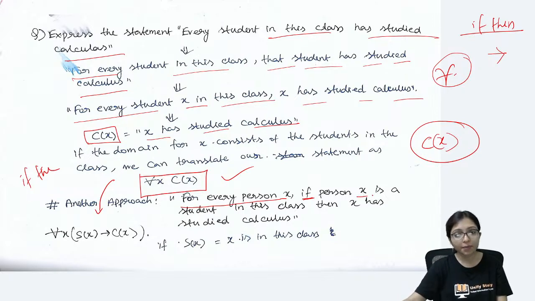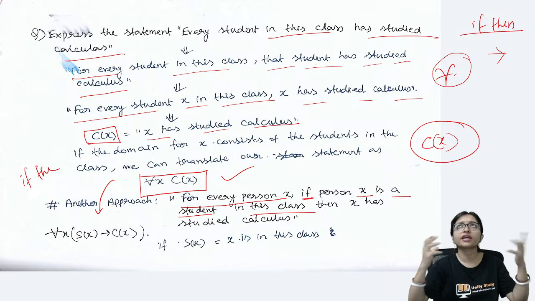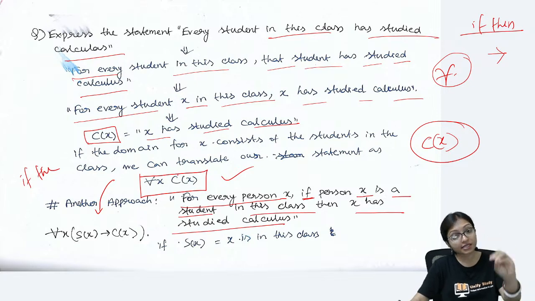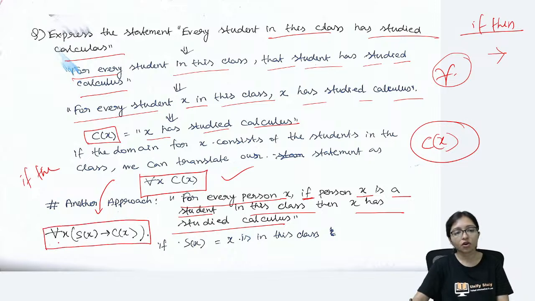If the person x is a student in the class, there are lots of students, right? There are lots of people in the whole world. Out of them, those who are studying here, then x has studied calculus. Means the same thing we can represent like for all x, S(x) implies C(x). S(x) means x is in the class, C(x) means studied calculus. That's why for all x, S(x) implies C(x).